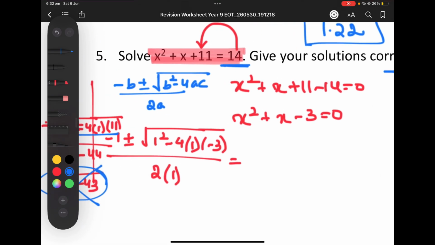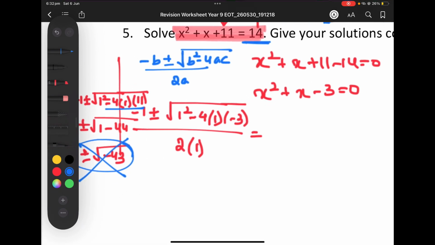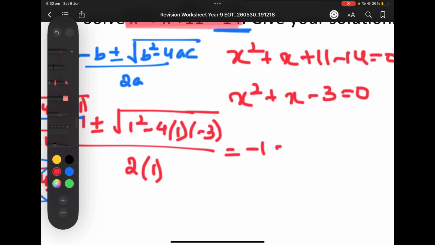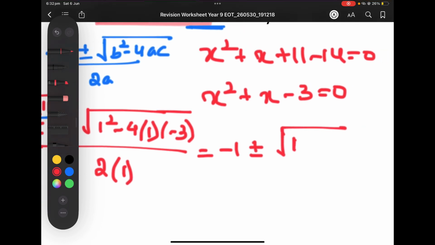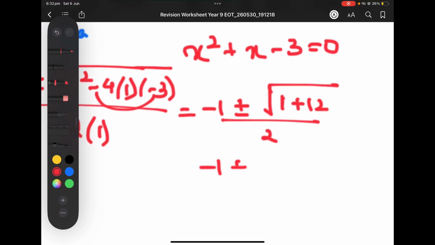Now let's go to this and start solving it. So it becomes again minus 1 plus or minus of 1 square, that is 1. Now here minus and minus becomes plus, 4 3s are 12, divided by 2. Minus 1 plus or minus root of 13 over 2.